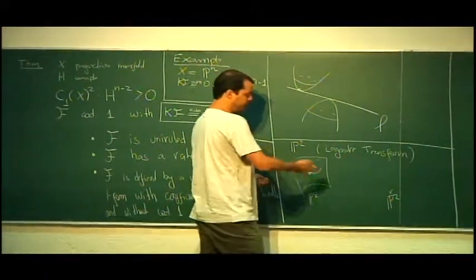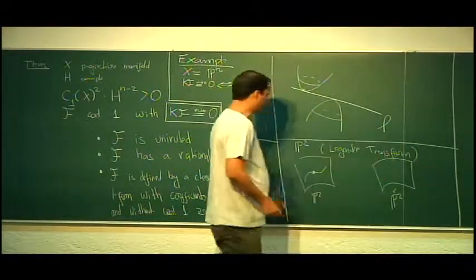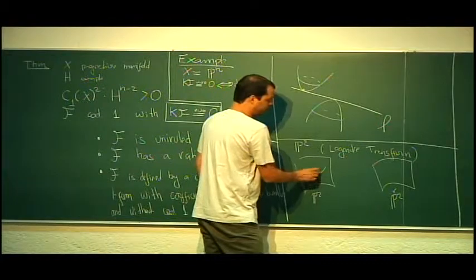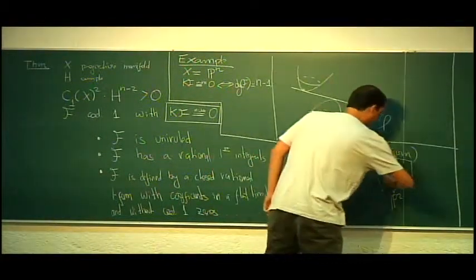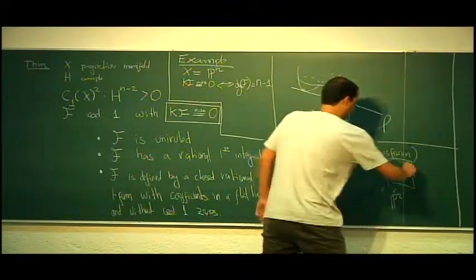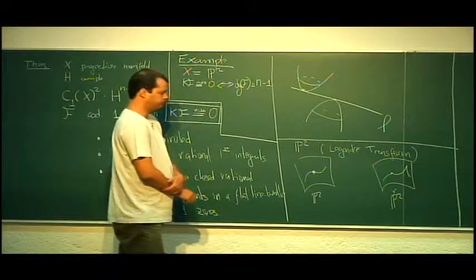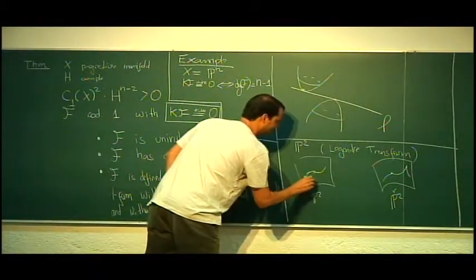I just pick a leaf, and I draw on the dual projective plane the dual curve associated to the leaf. So to each point, I consider the tangent line. It will be a point on P2 dual, and I do this.